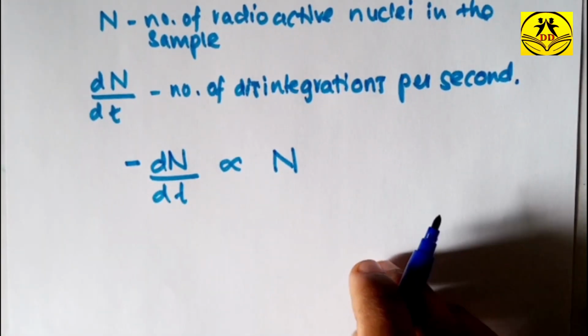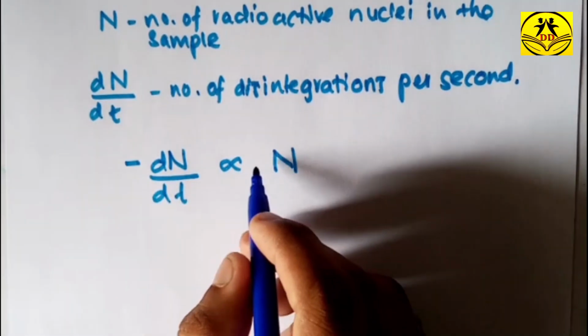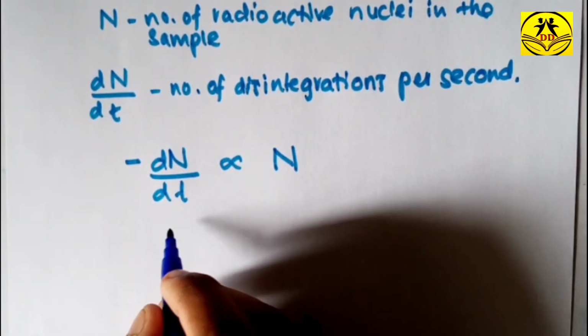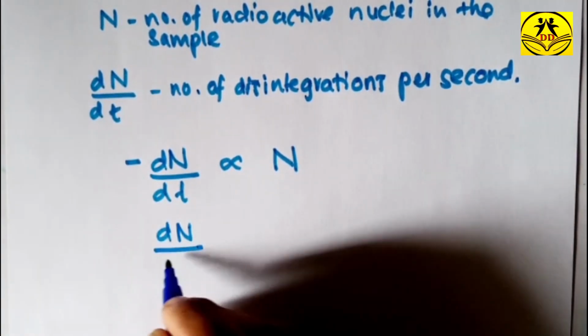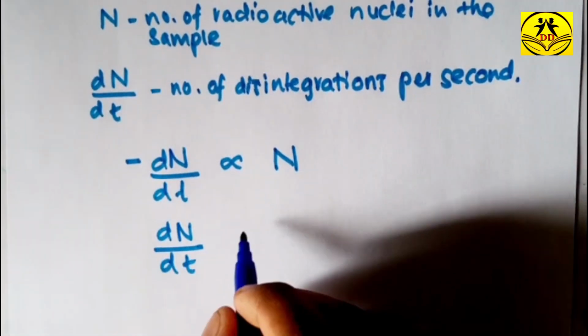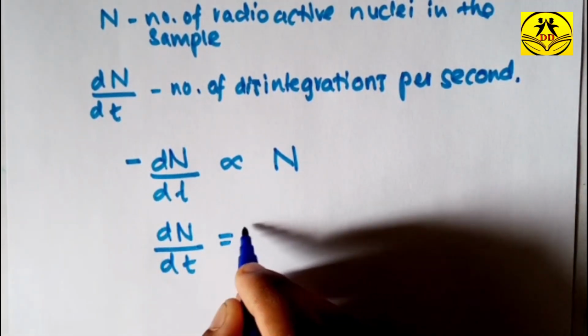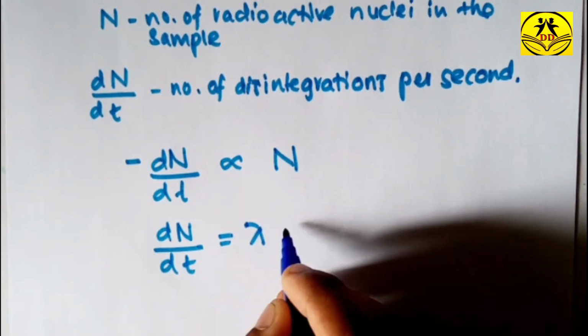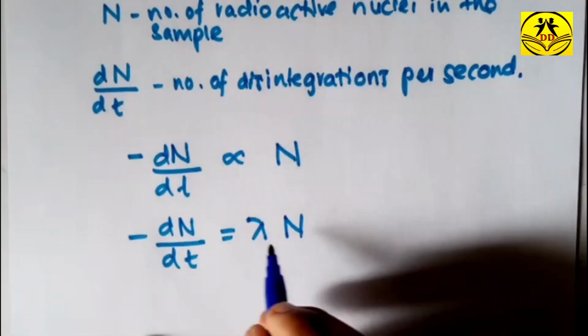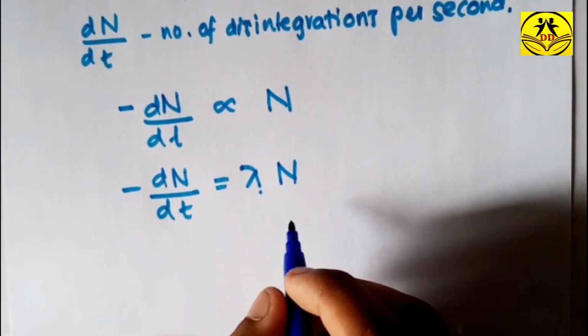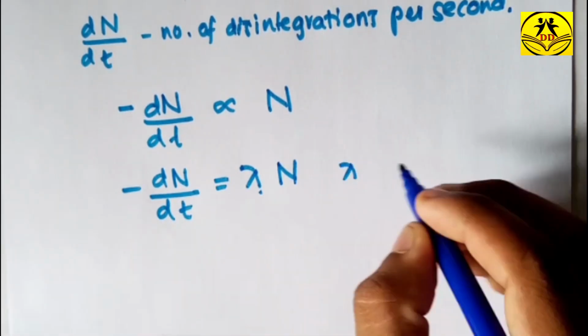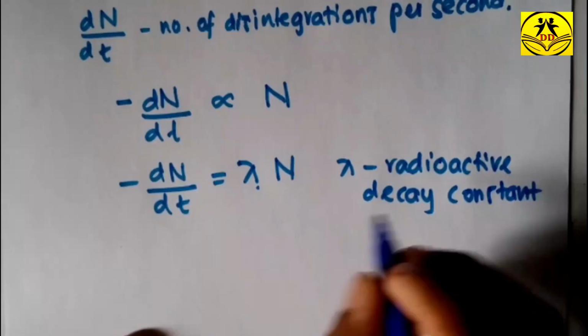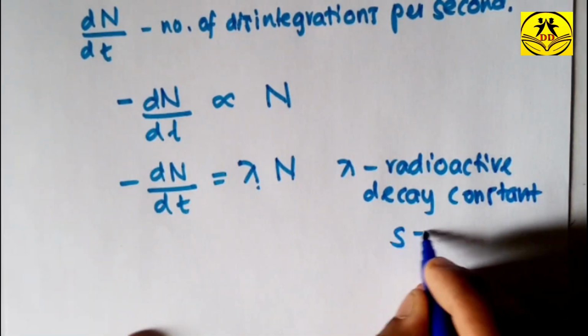And it was found that this is equal to a constant. It was found that this can be equated with a constant lambda, which we call the radioactive decay constant, measured in per seconds.